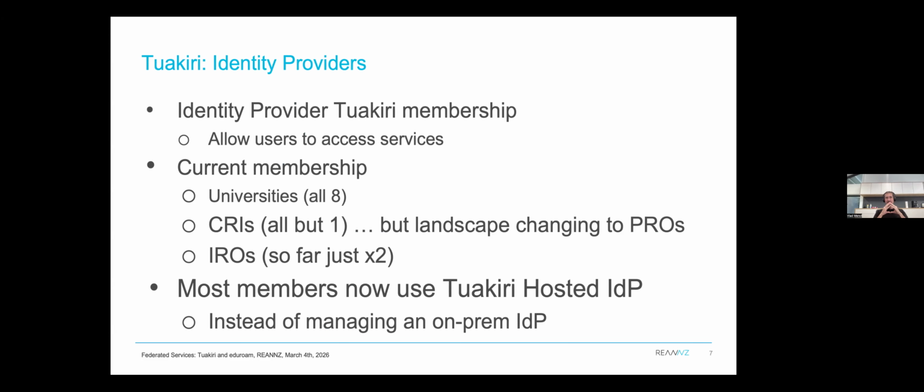And currently we have all 8 universities, all but one Crown Research Institutes, but with the landscape changing, the Crown Research Institutes are migrating to public research organizations, so that will change, and I trust we will have all of them in Tuakiri. And we currently extend also to independent research organizations, where we so far have 2, but I also hope we'll have more of them soon.